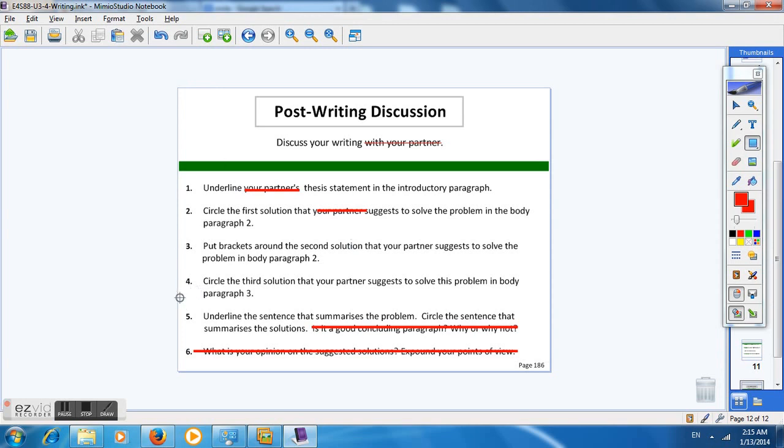And then 4, circle the third solution that you suggest to solve the problem, and then underline the sentence that summarizes the problem. Also circle the sentence that summarizes the solution. If you don't have any paragraph 3, then you can skip this as well.